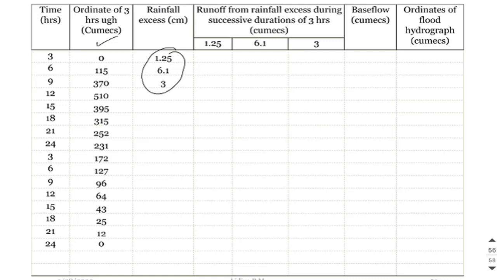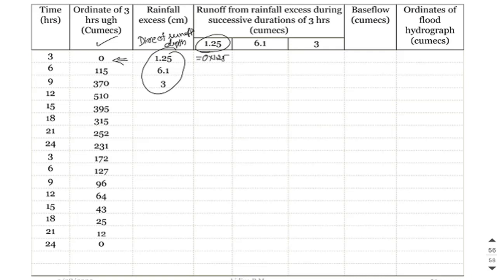I am considering that in the first 3 hours there is an excess rainfall of 1.25. The ordinates of the unit hydrograph are given. To calculate the direct runoff hydrograph, we have to multiply the excess rainfall, or direct runoff depth, with the ordinates of the unit hydrograph. So this value will be 0 into 1.25.